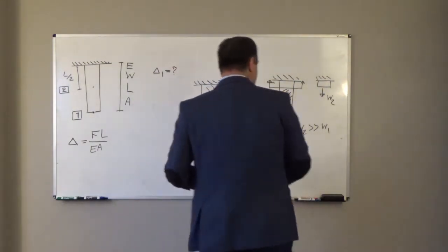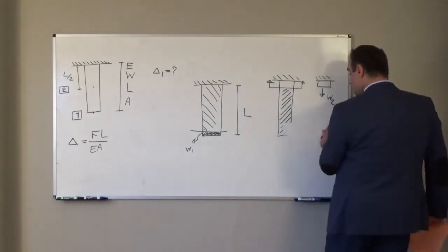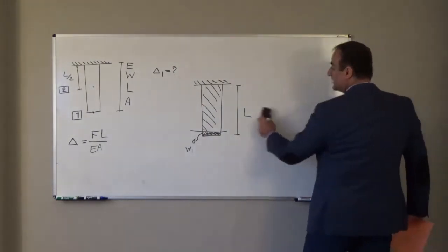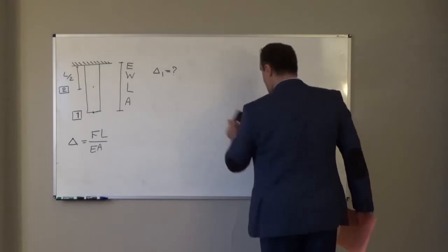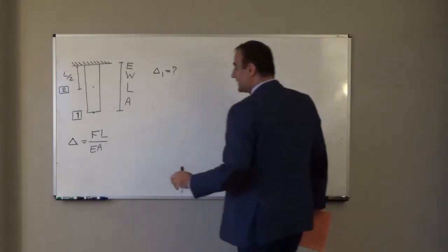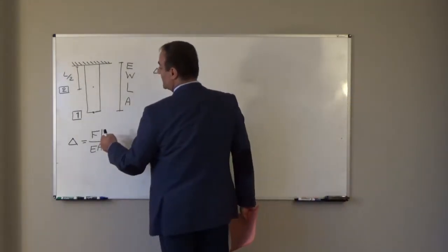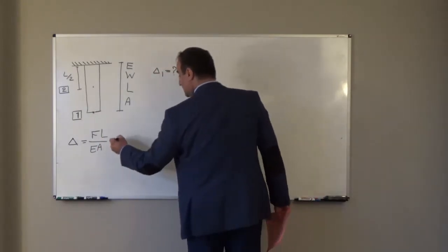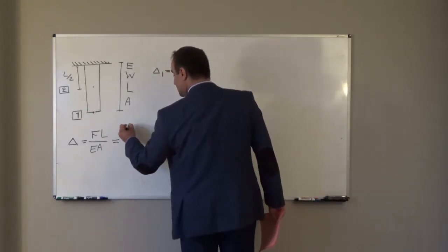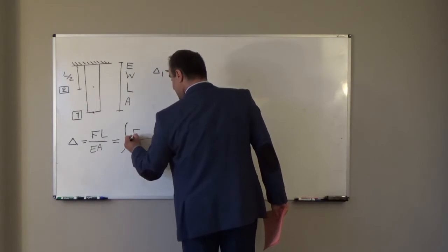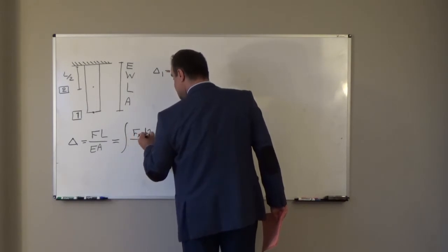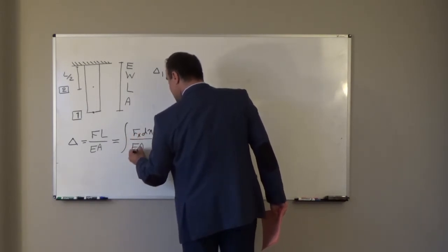So how will we solve this problem? In order to solve it, we should modify this formula, because external load is a function of the location we are cutting. So it will be the integration of Fx dx over EA.